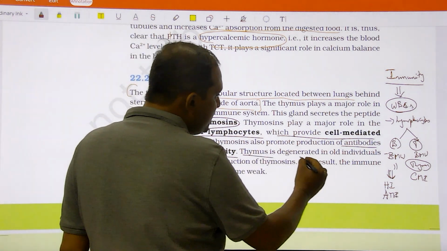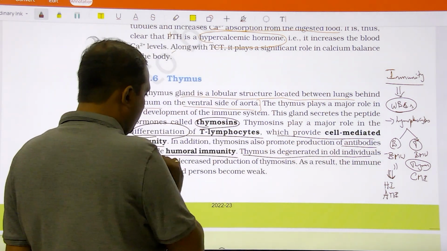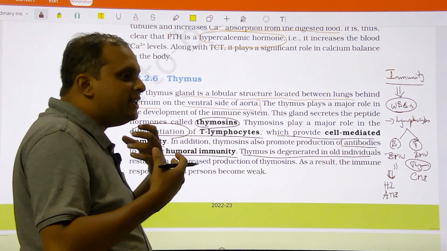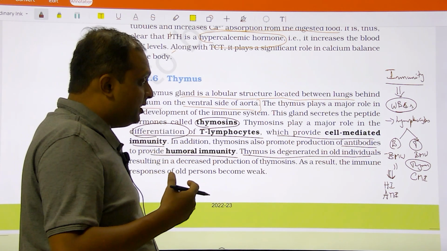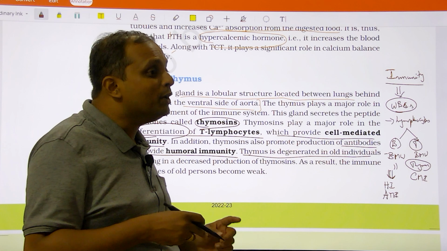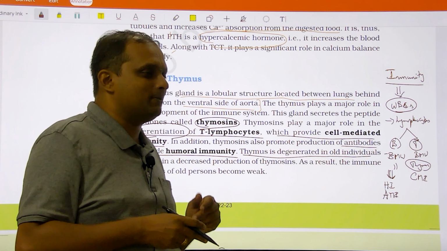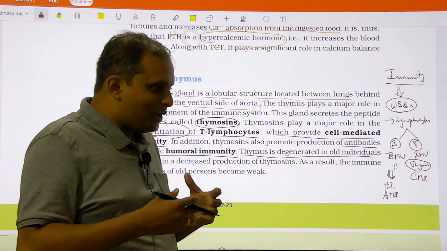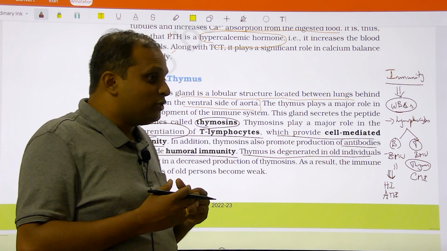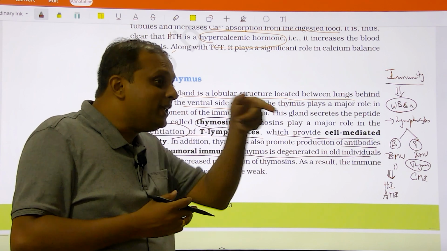This is very important: the thymus degenerates with age. As the person ages, the thymus gradually degenerates. That's why we say elderly people are a bit immunocompromised compared to younger people. During COVID, we were expected to have good immunity to protect ourselves, so elderly people were told to be doubly careful.